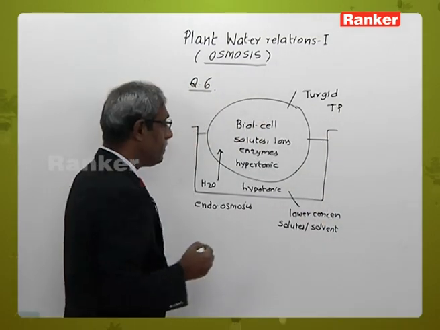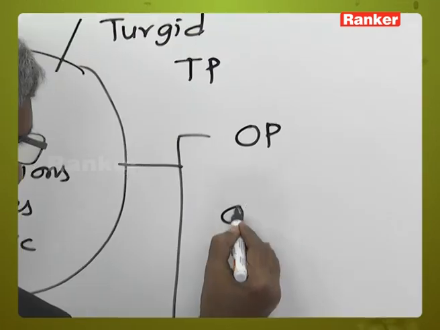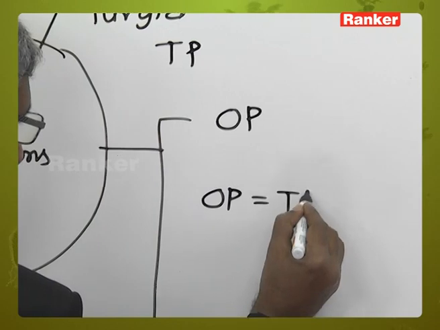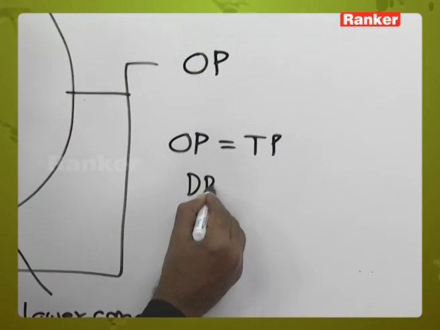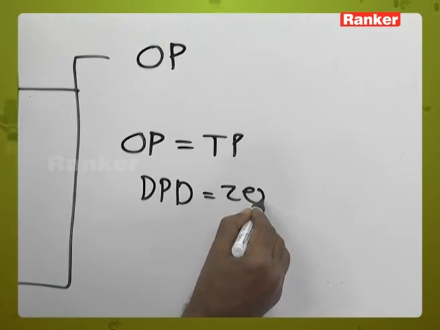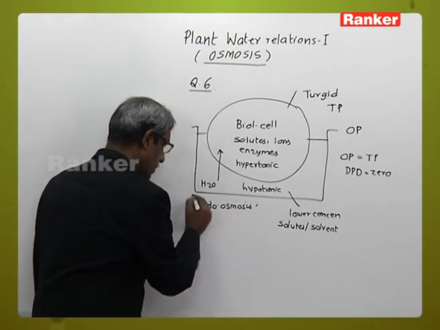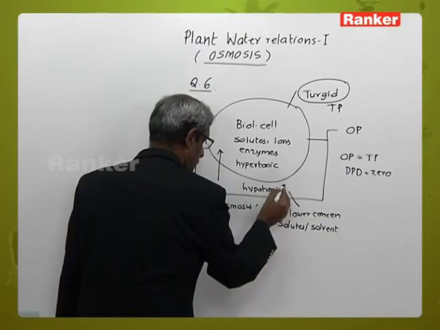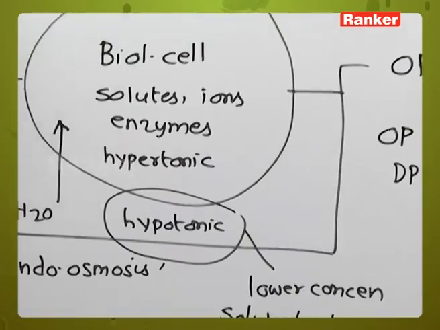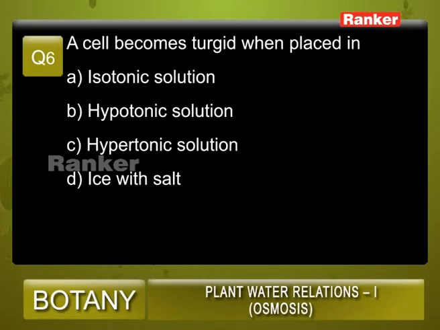So, we have turgor pressure as well as osmotic pressure, and at a later period the osmotic pressure becomes equal to the turgor pressure. When OP is equal to TP, then diffusion pressure deficit becomes 0. Till that time the water keeps on going via endo-osmosis. So, turgidity of a biological cell is attributable to when it is placed in a hypotonic solution. So, among the choices, the answer is B.